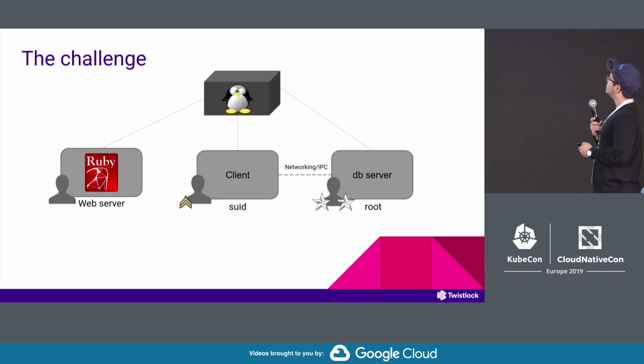So if this user owns the client file, when another user runs this binary, the effective UID of the process would be that of the owner. So if there is some flaw in the client code that allows code execution, this user could escalate its privileges, run as this user, and get a shell for this user. So this is the second step of the challenge. You escalate privileges to this user.